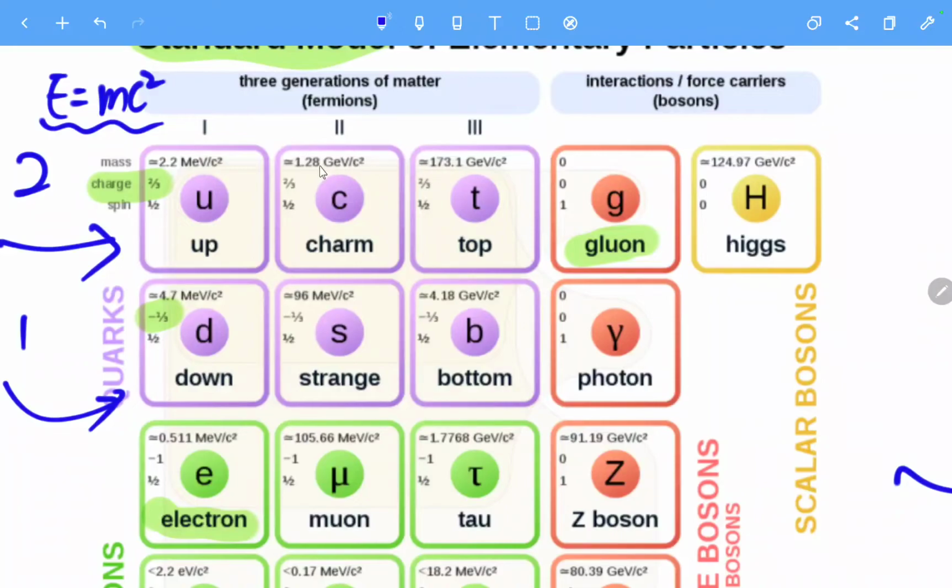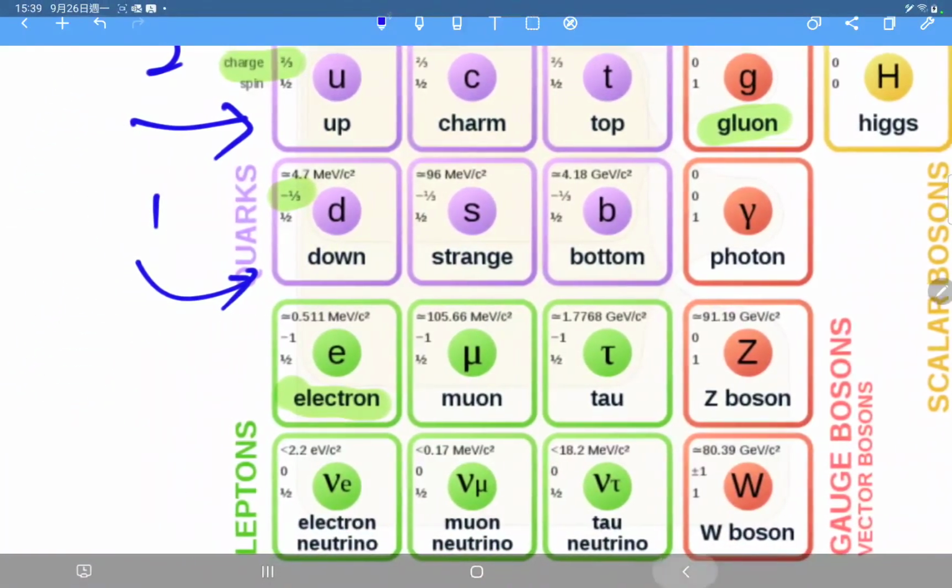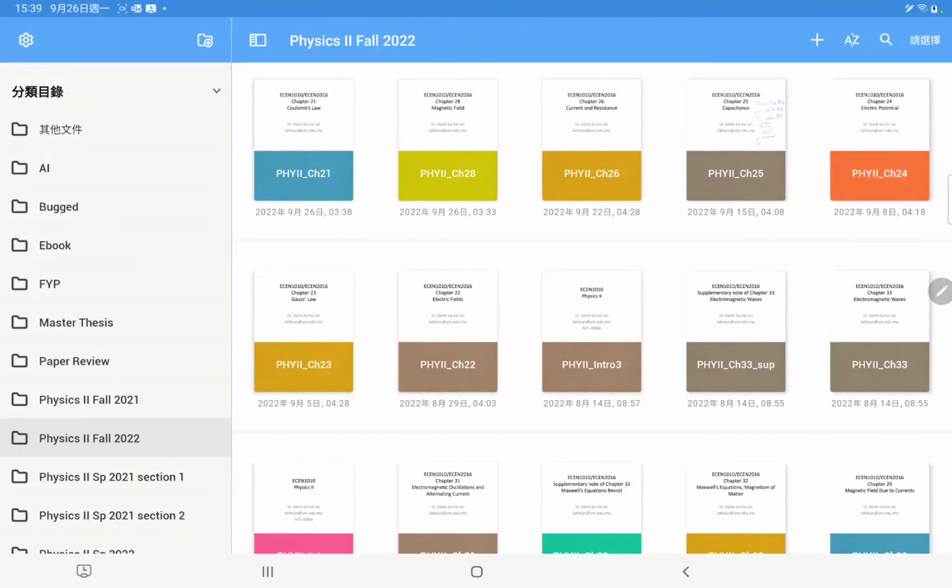So the physicists may consider whether, if we accelerate the particle to an even larger energy, something like a 4th generation may come out. This is why they need the particle accelerator.